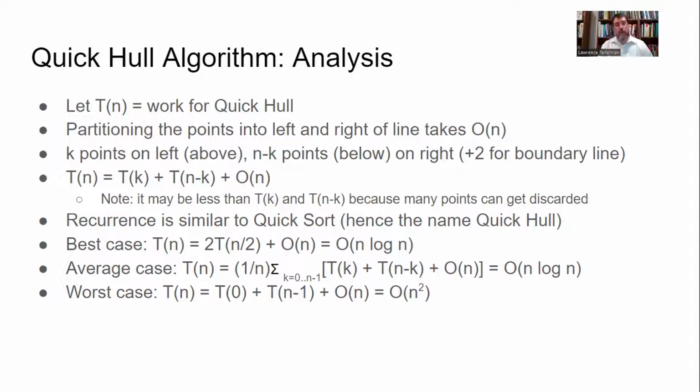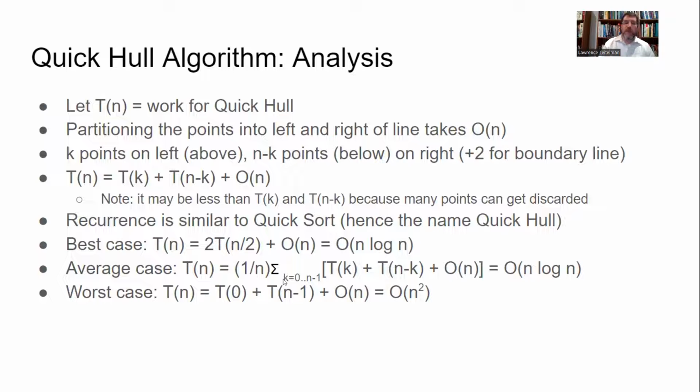Quicksort in the worst case. Where else? Bubble sort, selection sort, insertion sort. All those quadratic time sorts have recurrences that look like this. You're removing one element and then you have to solve the subproblem with n minus 1.